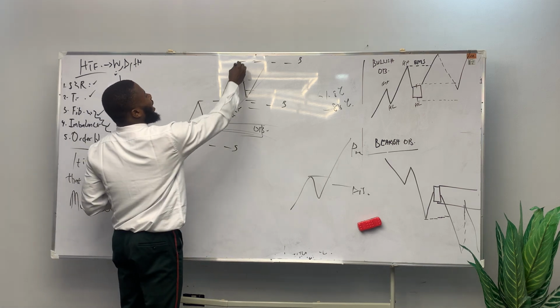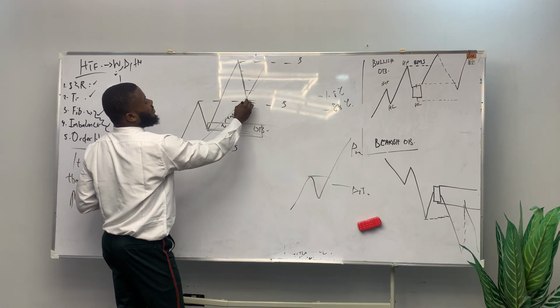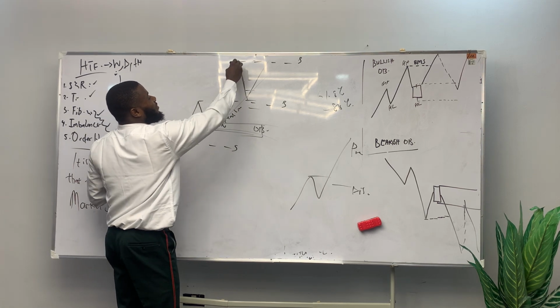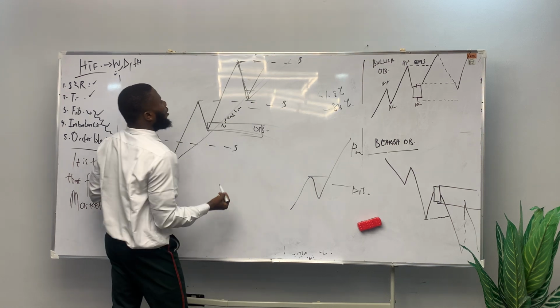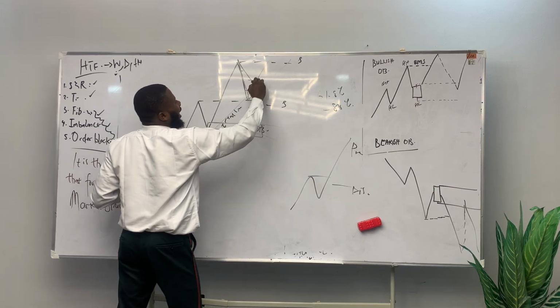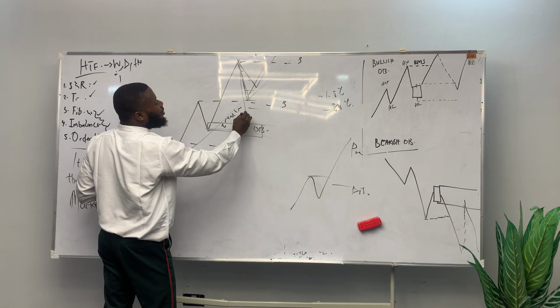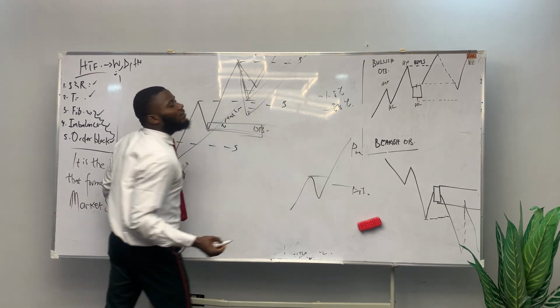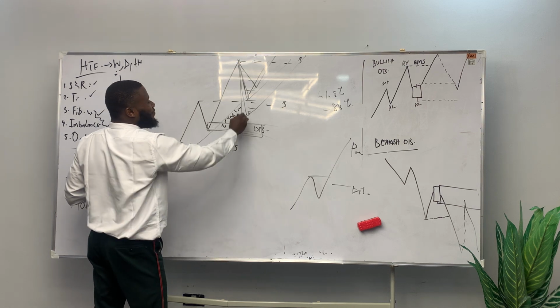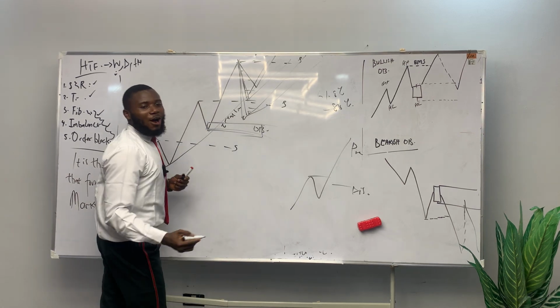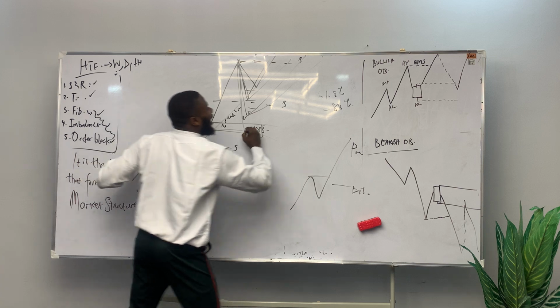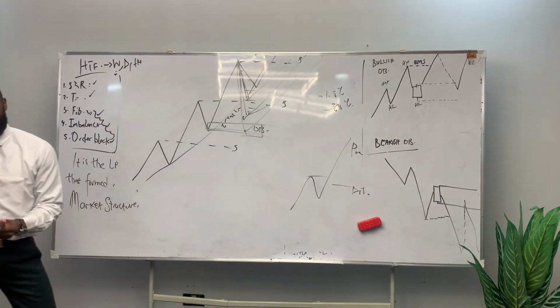So it's either market comes back to your support and goes, or it touches your trend line and goes, or it comes to your fib zone and goes, or it comes to your imbalances and goes, or it touches your OB and goes.